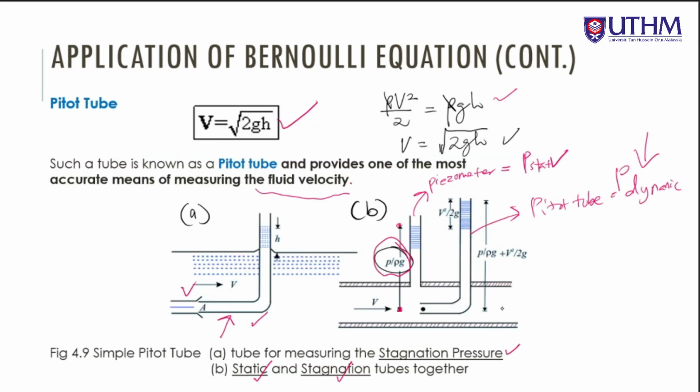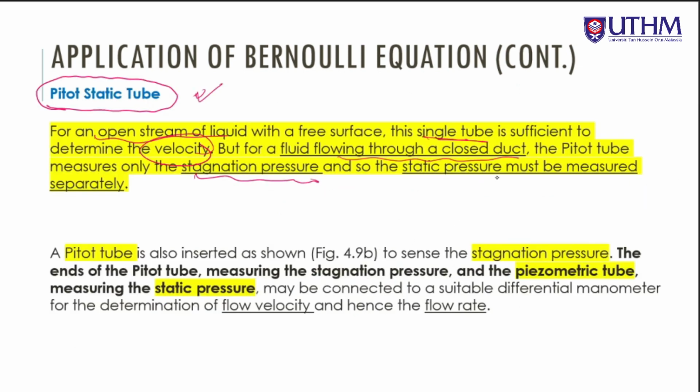Okay, contohnya macam ni kalau dekat sini closed duct, the pitot tube boleh kira stagnation pressure je. So the static pressure must be measured separately. That's why kita ada piezometer, kan.